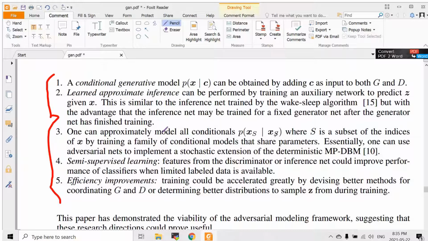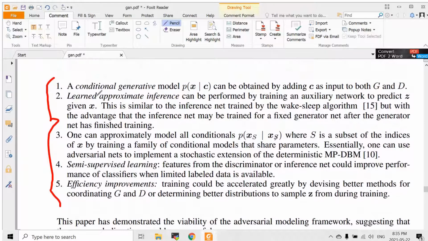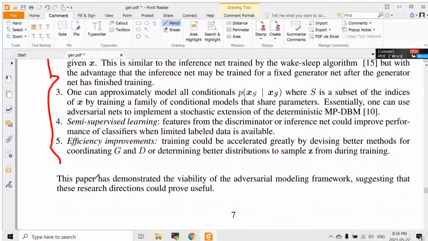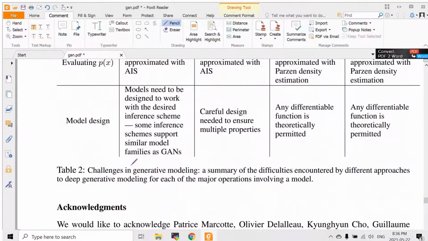Essentially, one can use adversarial networks to implement a stochastic extension of deterministic methods. These are semi-supervised learning and conditional models, which I've come across before. So yes, these are the future works.